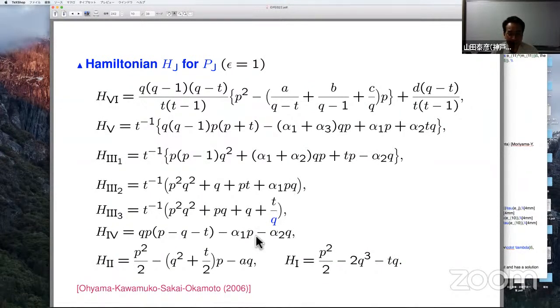So in the autonomous case, the Painlevé equation is a conserved system with algebraic integrals given in this expression.